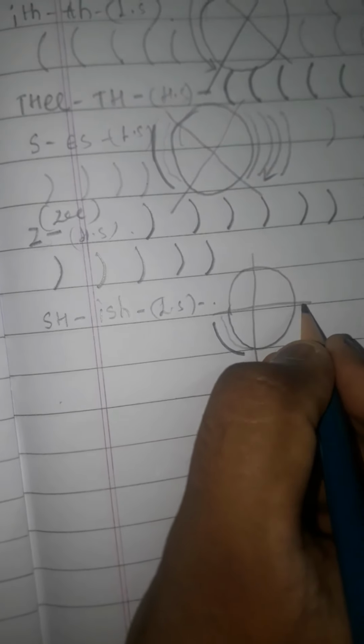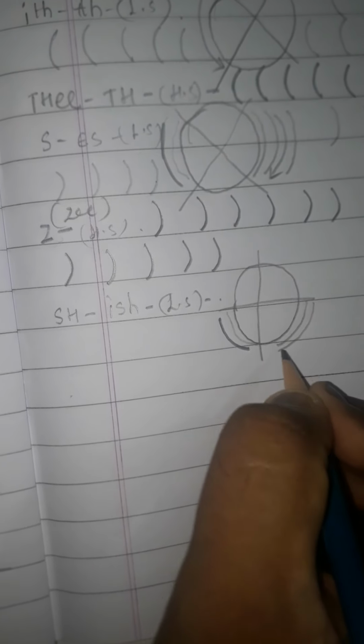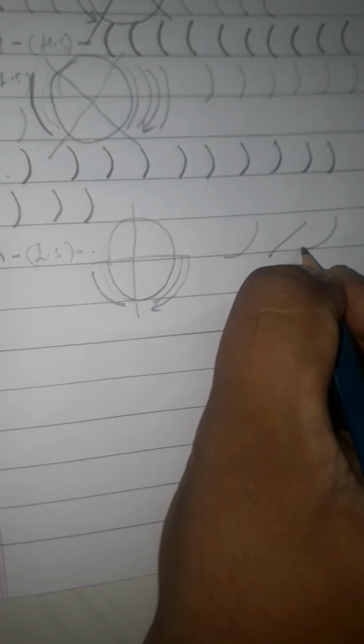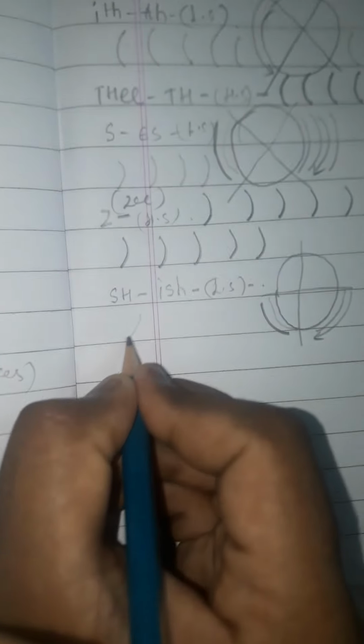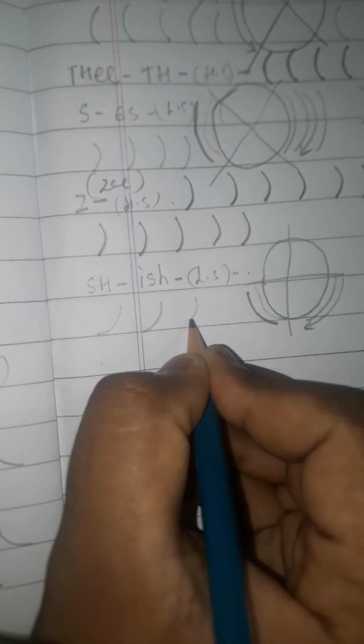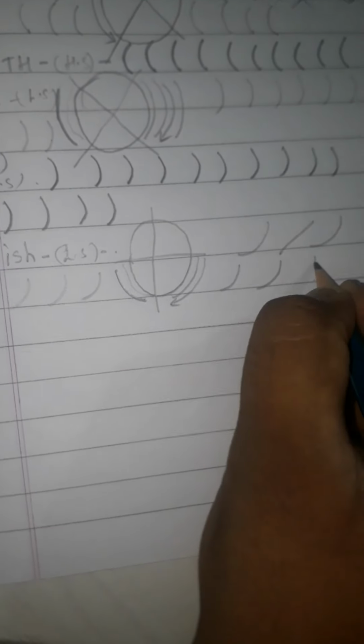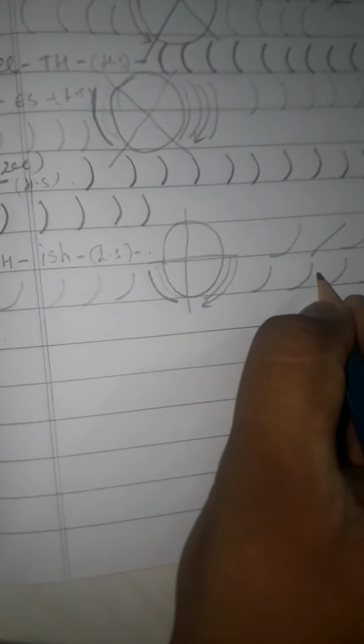Now ish will be like this, on the right side from here down. See the arrow mark. You should form a perfect curve, and the curve form should be visible. Ish, ish, ish. See the arrow mark from top to bottom.